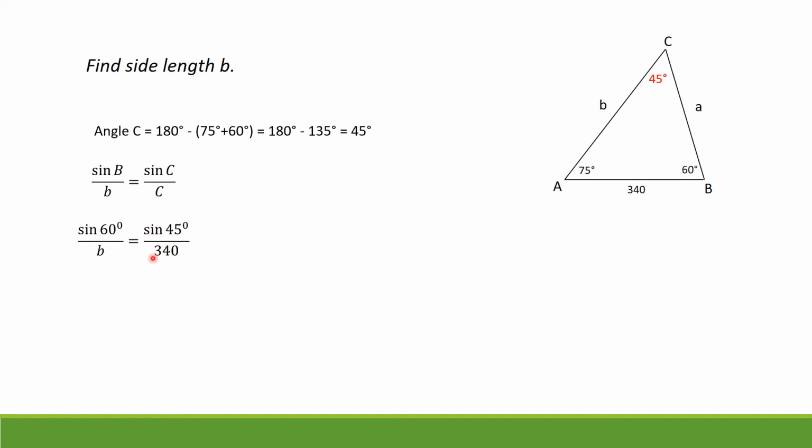And we'll do cross multiplication here. We'll get b times sine 45 equals 340 times sine 60. And now we'll divide by sine of 45. And this right here will give us side length b equals 416.41. That's our answer for b.